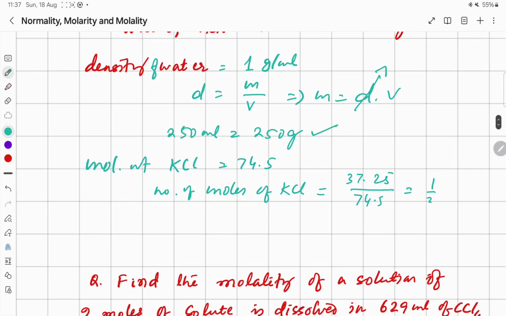Now, as per the formula, molality small m is equal to number of moles, 1 by 2, divided by 250 gram, that is 250 by 1000 kg. So 1 by 4 kg.